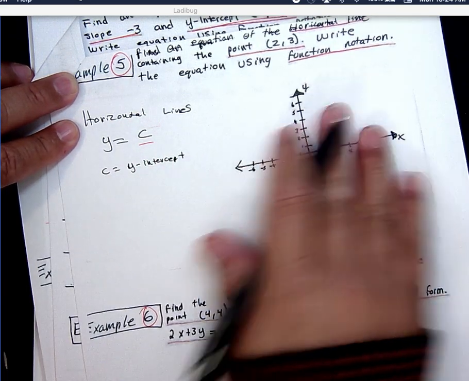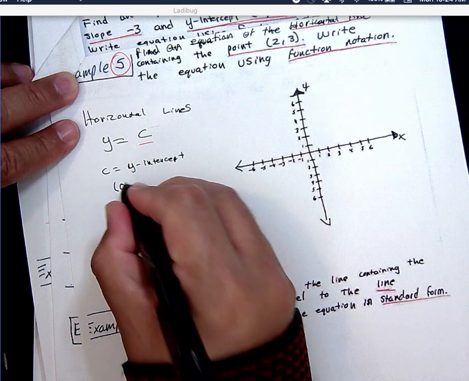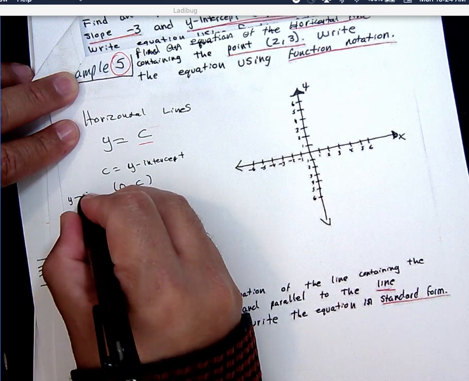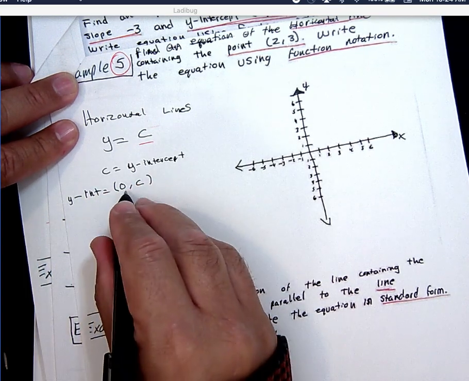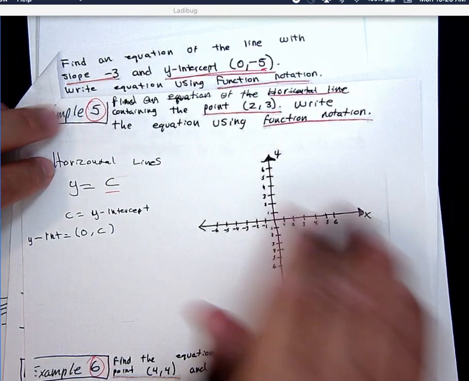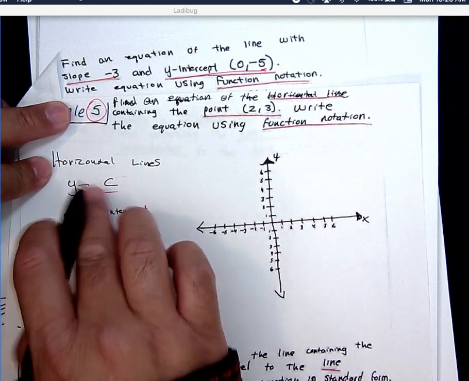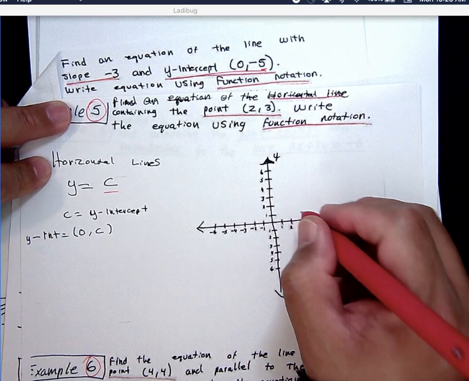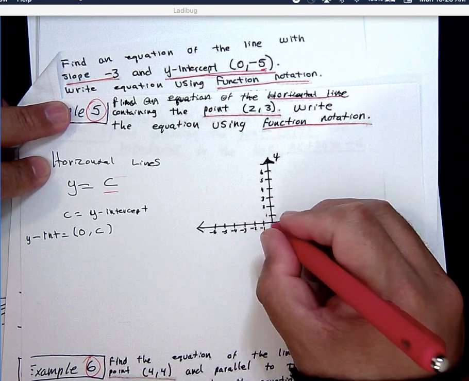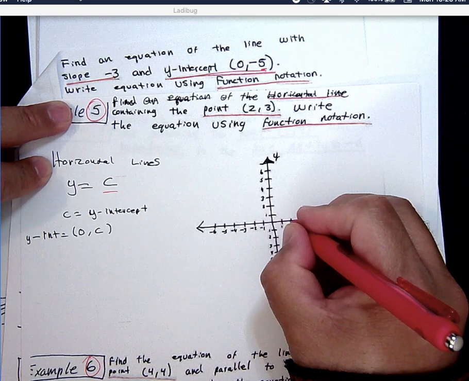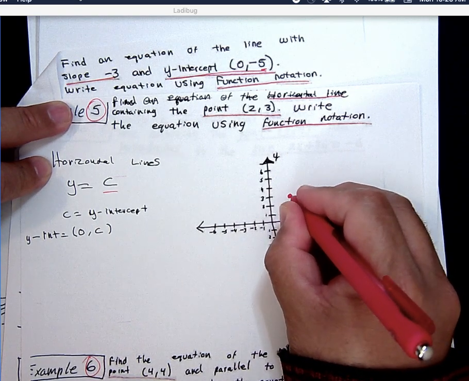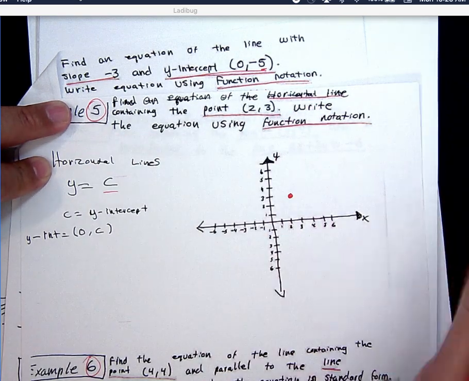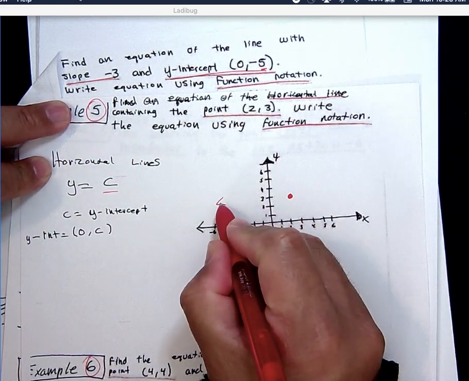So here, the y-intercept would look like (0, c). Now they're telling us that a point is on this line. So let's find that point on that line so that it makes sense. So (2, 3), here. We know that point is on that horizontal line. How does a horizontal line look? Like this.